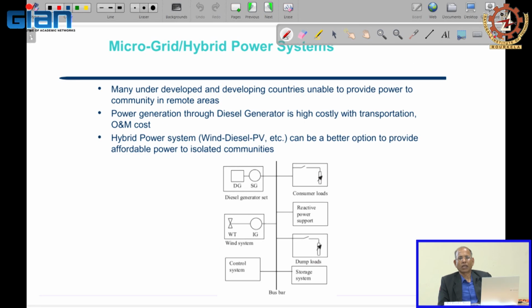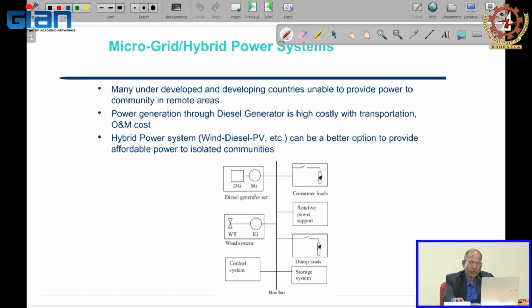So, when we are talking about the similar way, a little bit different components of the microgrid or hybrid power system, we have, for example, diesel generator, wind systems. There can be other types of generators as well.